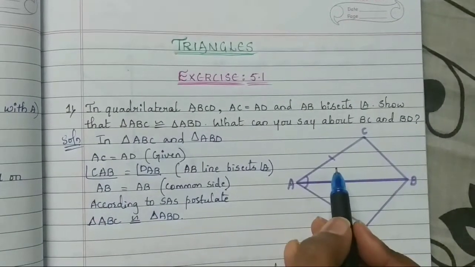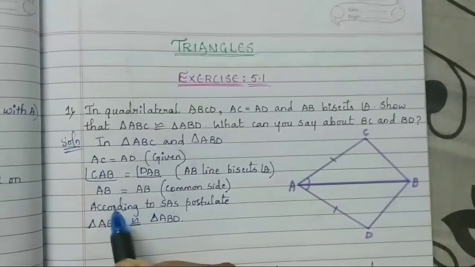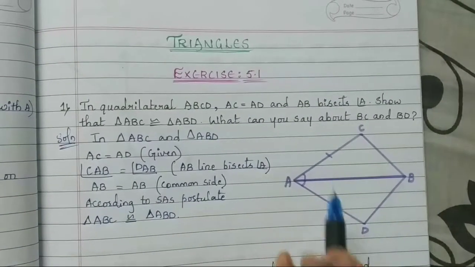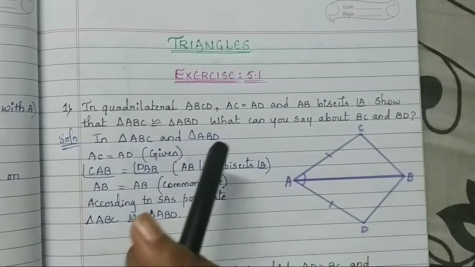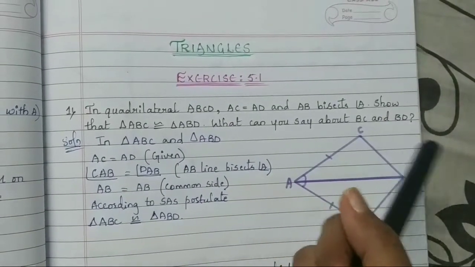By our SAS postulate, as we got two sides and one angle, we can say that both the triangles are congruent. One more question was asked here: what can you say about BC and BD?